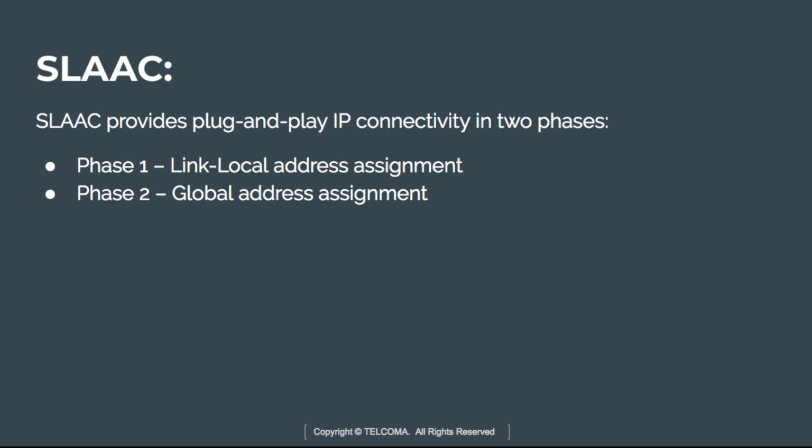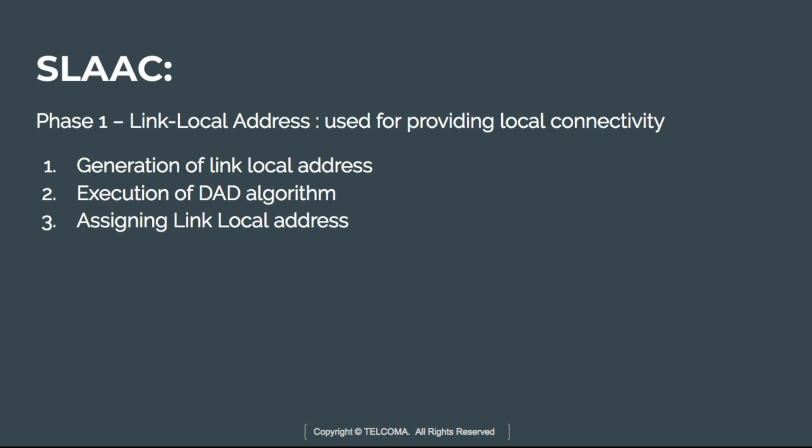First of all we will discuss phase 1, link local address assignment. There are some steps to provide the link local address, and it is used for providing local connectivity. The first step is the generation of the link local address.